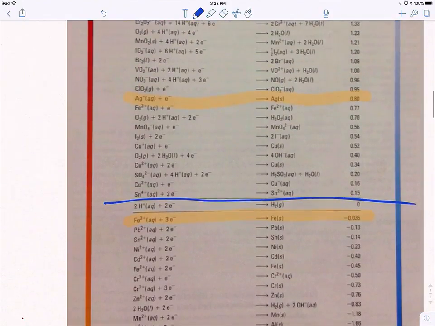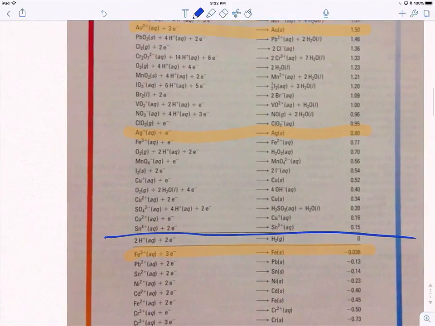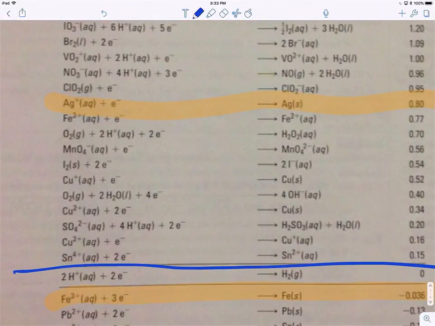And then there are metals that are above this line that do not corrode when you throw them into acid, at least most acids. So copper is one of them. Silver is another one. This is an incomplete list. Let me tell you some more: mercury, platinum, palladium, rhodium, ruthenium.